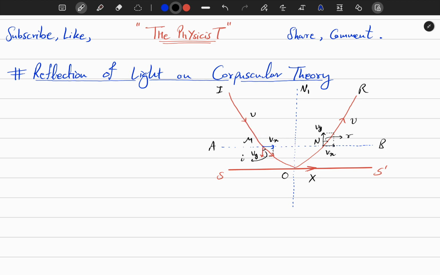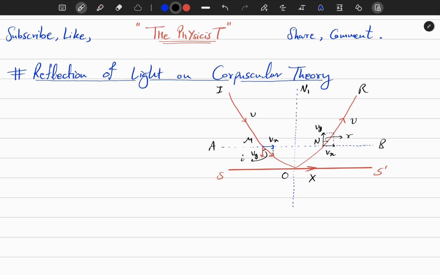Okay, so according to the theory, this corpuscle starts experiencing a repulsive force when it comes very close to the reflecting surface.